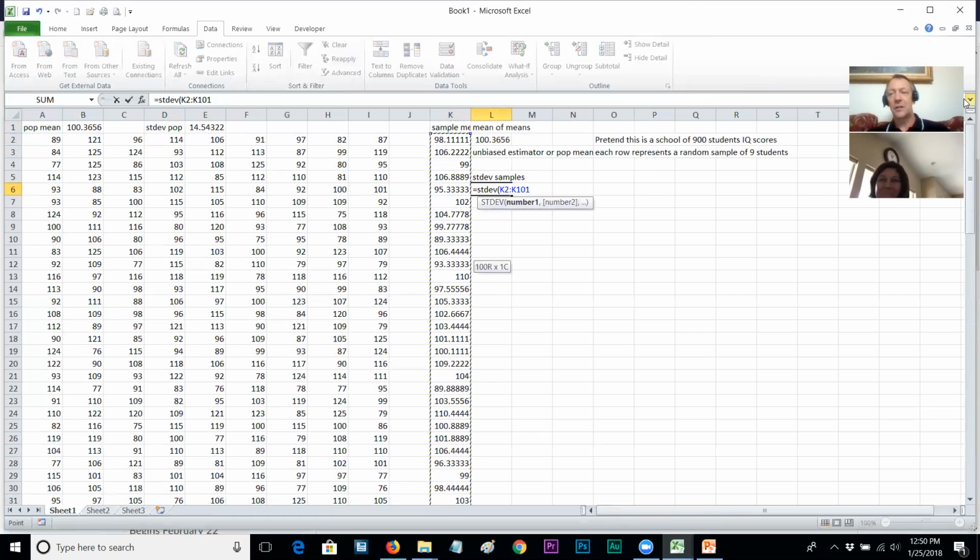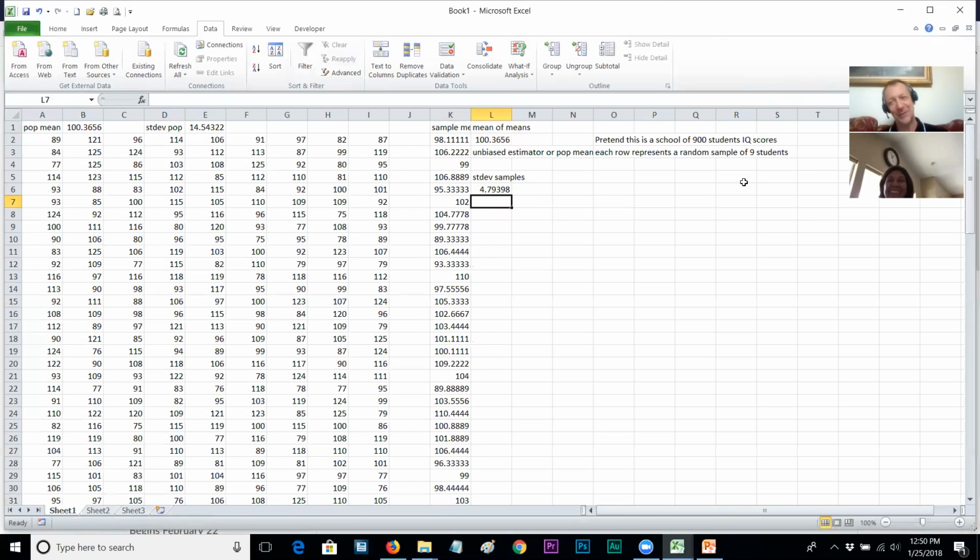When I press enter, do you think that the standard deviation of my samples is going to be the same or different than the standard deviation of my population? I think it's going to be the same. Okay. I've said the wrong thing every time. And it's different. So you got your answers backwards.